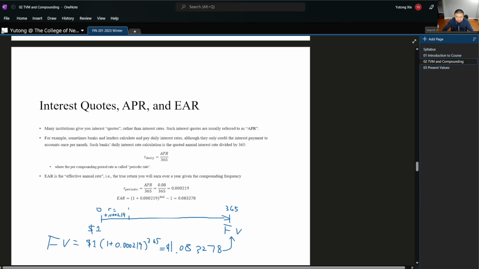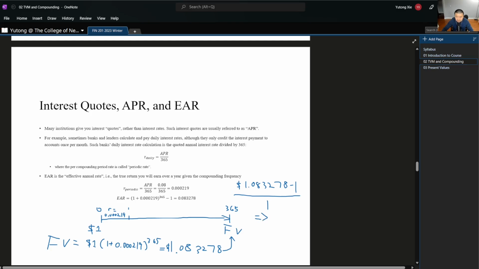So if you put $1 at the beginning and you end up with 1.083278 in the end, what's your return over the year? Your return is going to be 1.083278 minus 1 divided by 1, right? So your dollar profit in the numerator and your original principal in the denominator.